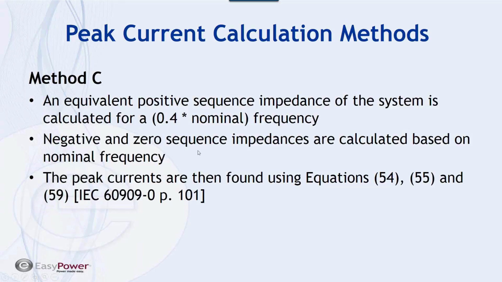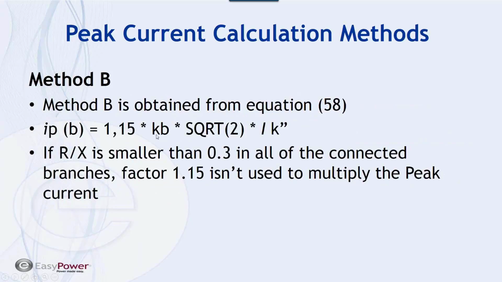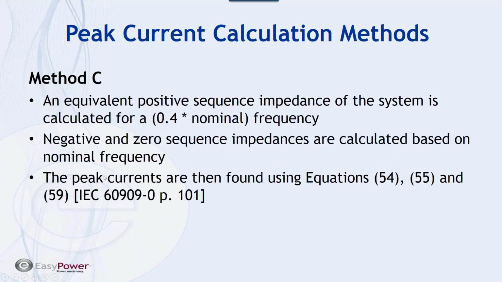So negative and zero sequence impedance values are not going to change. We don't multiply anything for zero sequence and negative sequence. Peak currents are then found using equations 54, 55, and 59 of IEC 60909, which is very similar. If you look at those equations, they are very similar to this equation here for method C.